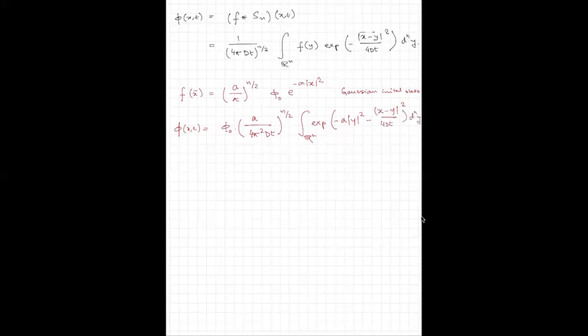So what you can do is complete squares and do this integration, and this is going to turn out to be phi naught a over pi by 1 plus 4a dt, times exponential minus a mod x squared. I leave you to do this integration and get this answer. Okay, so that is going to be the solution here.